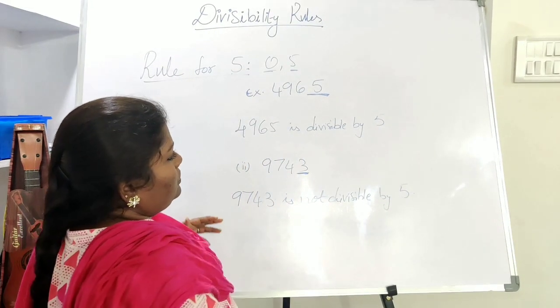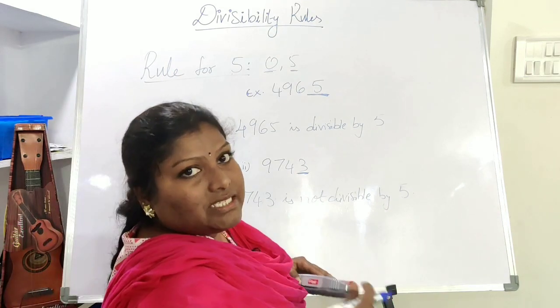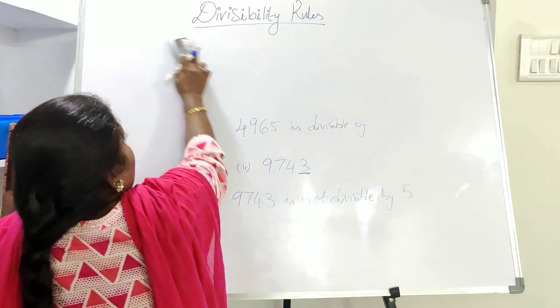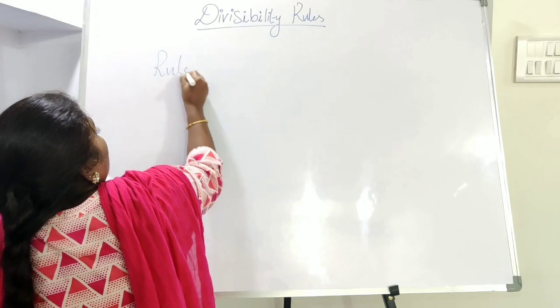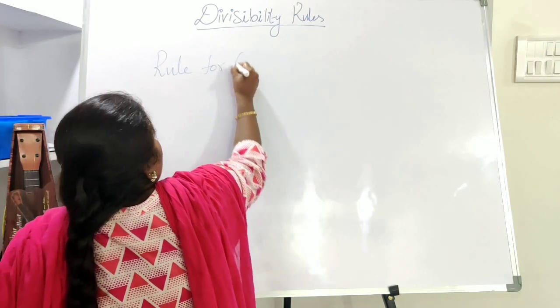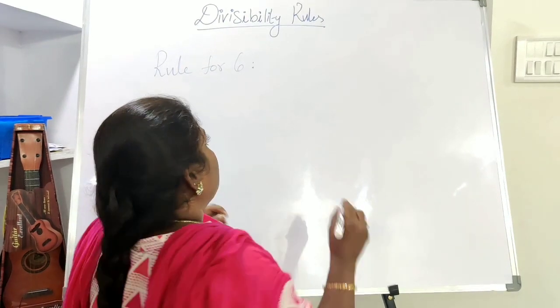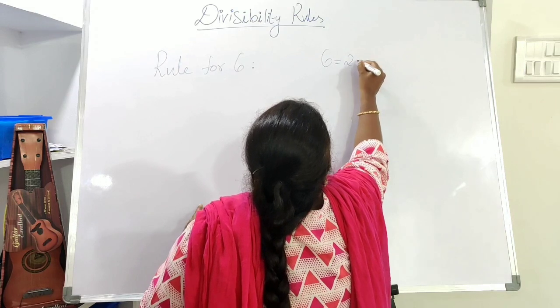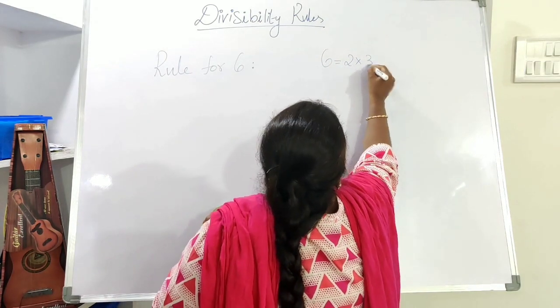Yes. So next, the rule for 6. Divisibility rule for 6. Now here you have to check for two numbers, because 6 is obtained by multiplying two digits, that is 2 3s are 6.